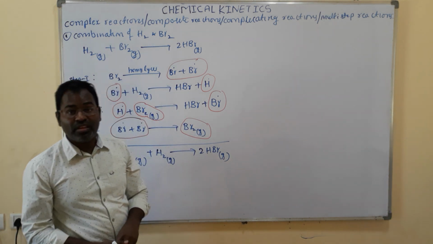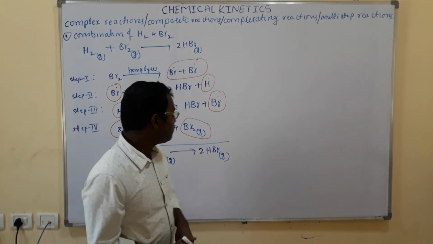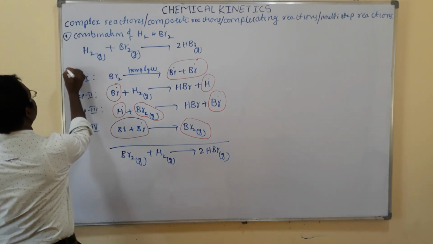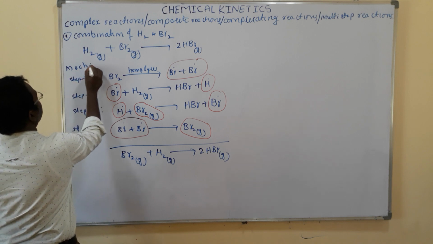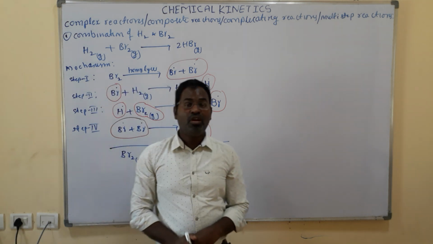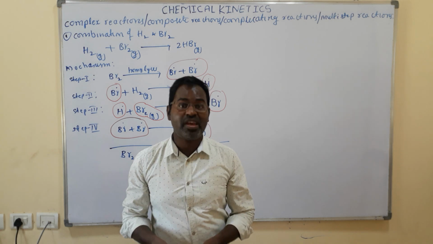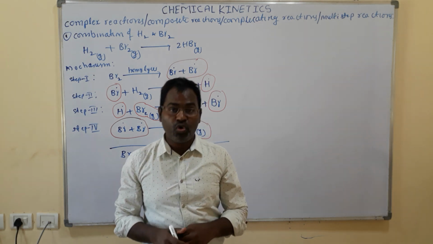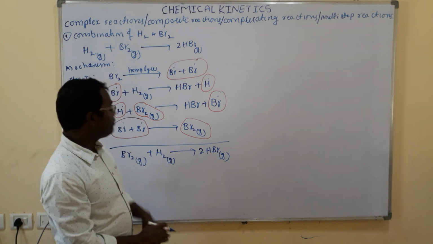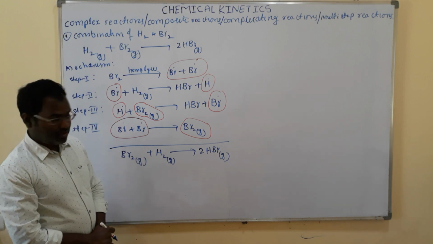A collection of elementary reactions which add up to give the overall reaction is called the mechanism of the reaction. So this is the mechanism of the formation of HBr.